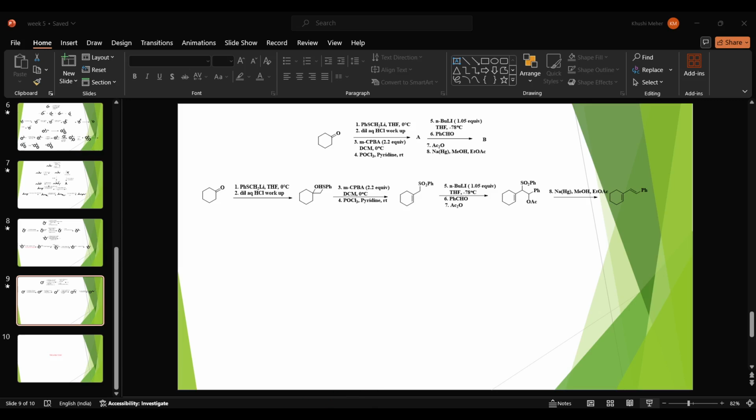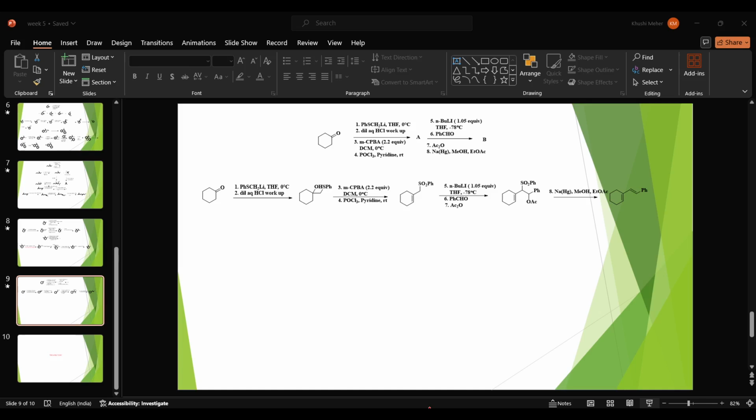Sometimes if you do flash chromatography, then you can purify.